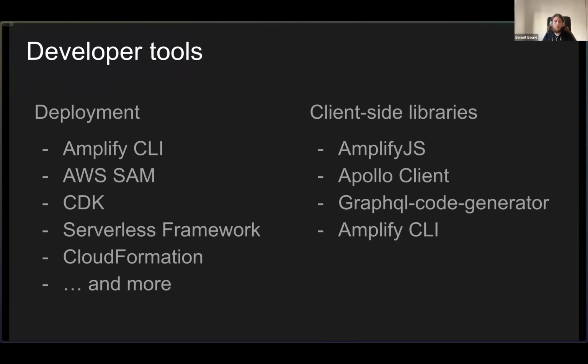I also noted GraphQL Code Generator. That's something useful I used a lot. It helps you generate TypeScript types or whatever language you're using, using your GraphQL schema. So based on the schema, you can generate types and models for your front-end application. And the Amplify CLI also offers this option, and many more, actually.